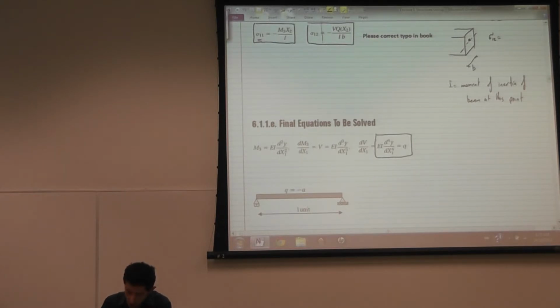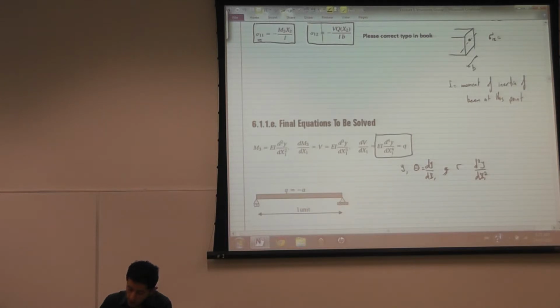The boundary conditions could be given in terms of y, could be given in terms of theta, which is dy by dx, or could be given in terms of the second derivative of y with respect to x.